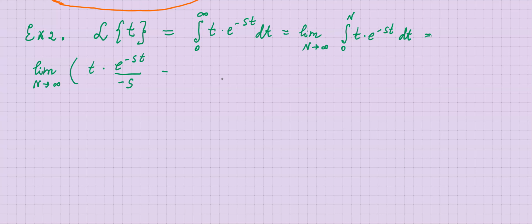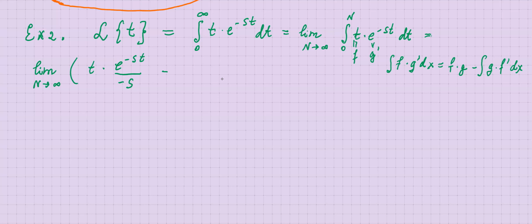Let me remind you the formula: the integral of f times the derivative of g dx equals f g minus the integral of g times the derivative of f dx. So here is my f, I'm going to label it. This is my f and this is my g prime.